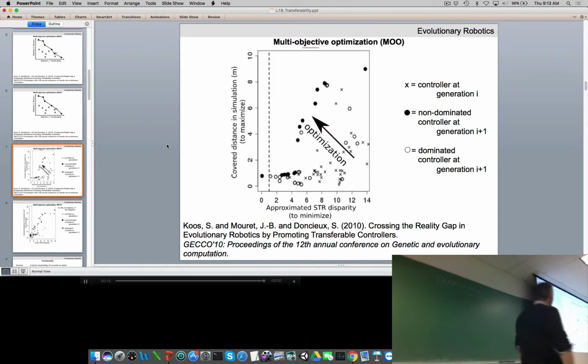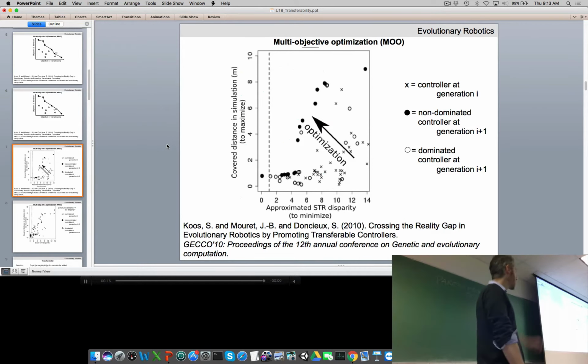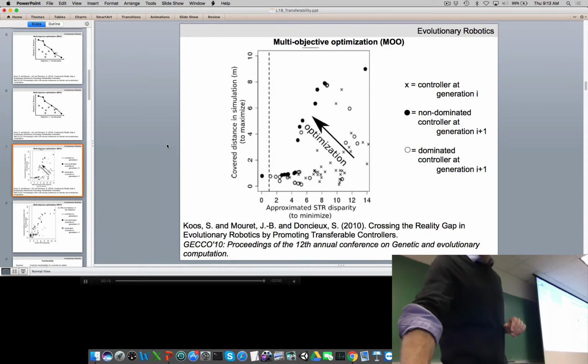You'll notice on the horizontal axis here, they're mentioning approximated disparity. What this means is before they've even transferred these controllers to the physical robot, they're able to make a guess or an approximation for how transferable they are. We haven't talked about how to do that yet. We'll come back to that in a moment.